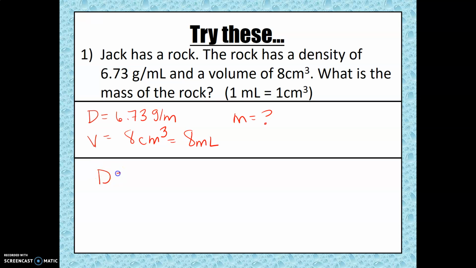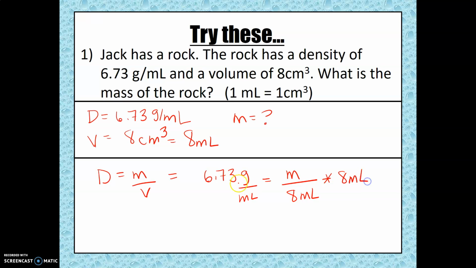So we know that our equation is density is mass over volume. So that's going to be 6.73 grams per milliliter equals mass over 8 milliliters. And then I'm going to multiply both sides by 8 milliliters.